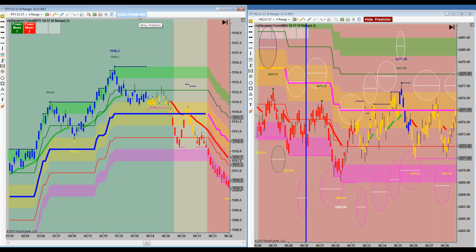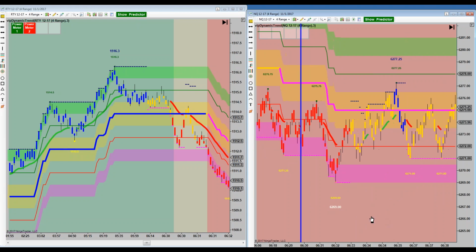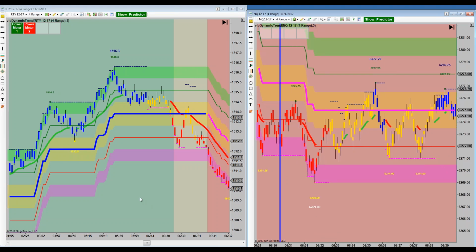You can show predictors or not show predictors either way. It's up to you. This is the opening, 6:30 Pacific on NASDAQ right here at this line, and 6:30 Pacific on Russell was right here.